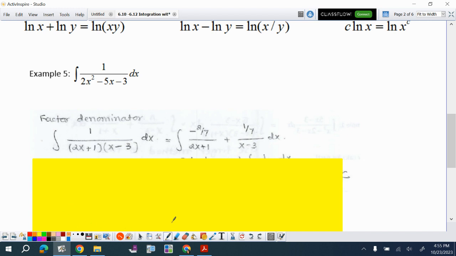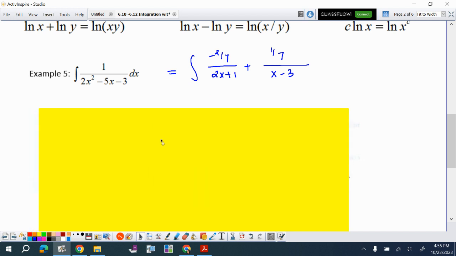Once you have this factor, I'm going to work here: integral of 2x plus 1, x minus 3, and you have to find the value of a and b. You can work on the side, and I'm going to bring that here, 1 over 7. Okay, so what will be the antiderivative of 2x plus 1?